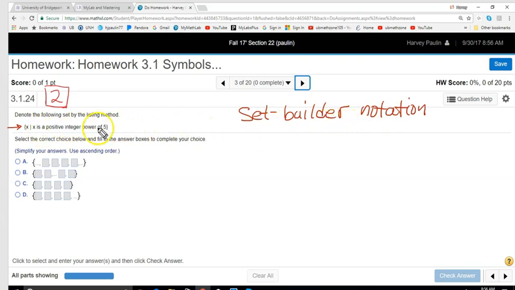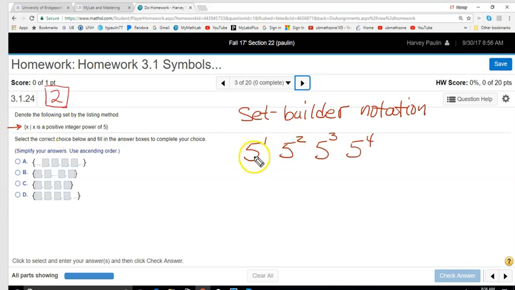Now, what are they asking? Well, it's going to be powers of 5. So we start off with 5, and that's to the first, because we're looking for positive numbers. Then 5 to the second, then 5 to the third, and 5 to the fourth. And they want us to put these as integers.